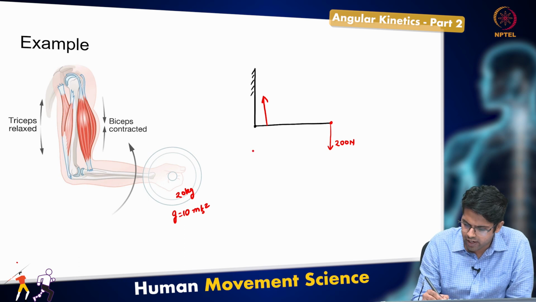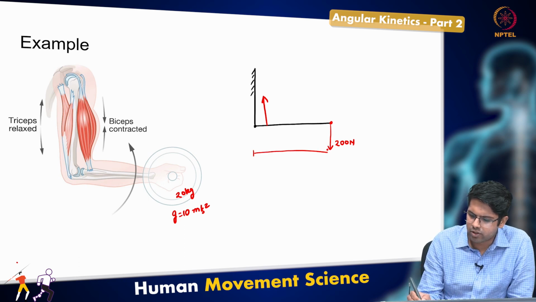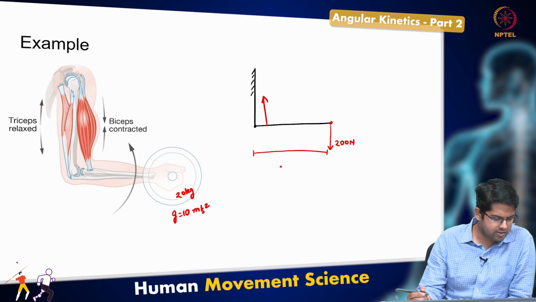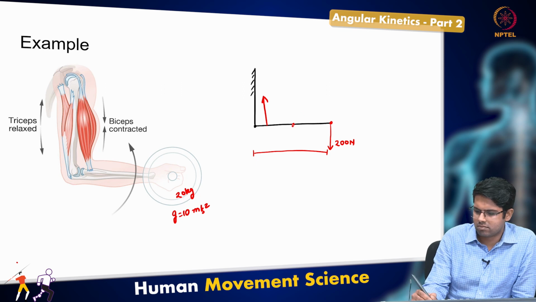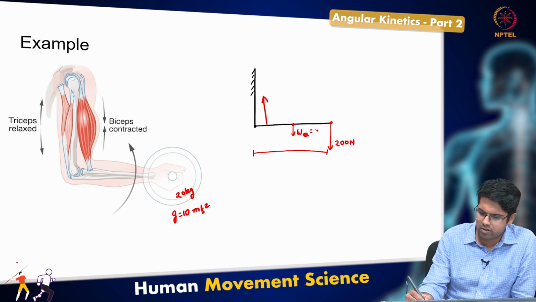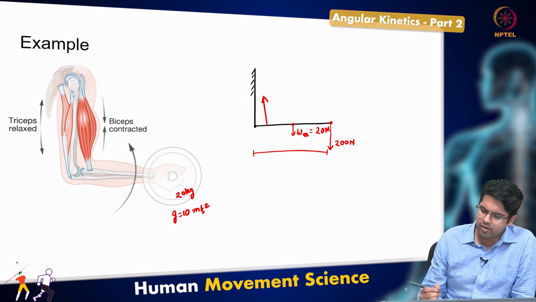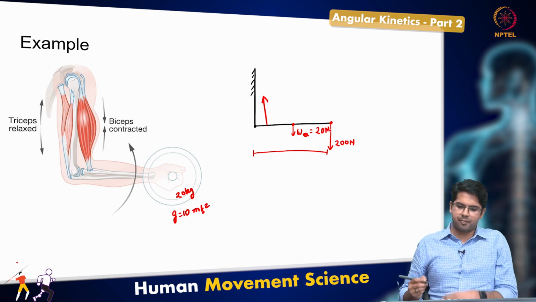Now if I know the segment lengths, let's say the forearm weighs a certain amount. Mass of forearm is 2 kgs, 20 newtons.